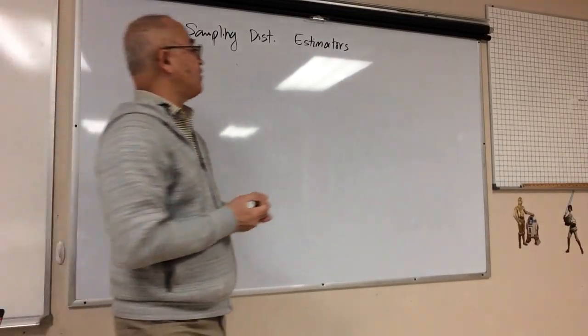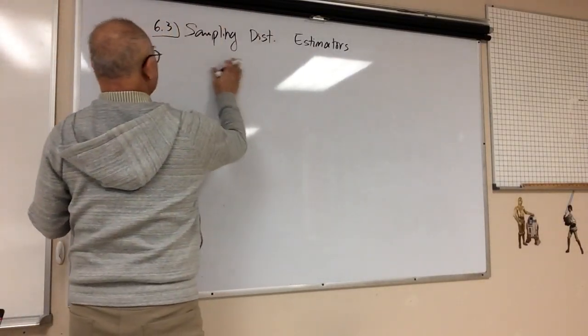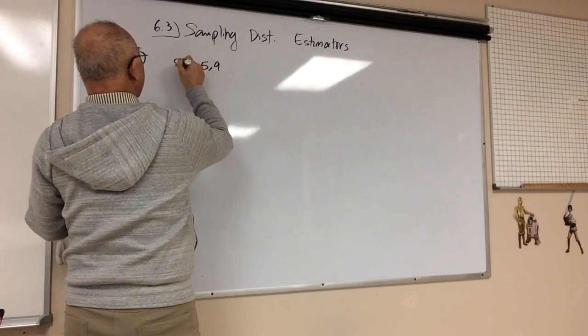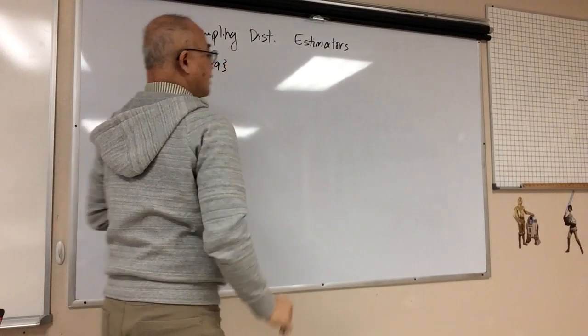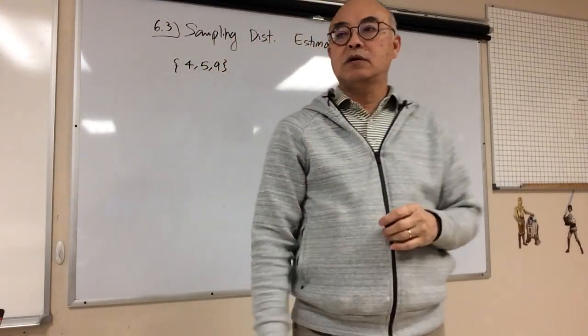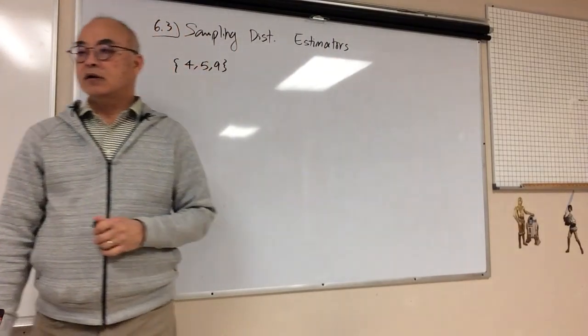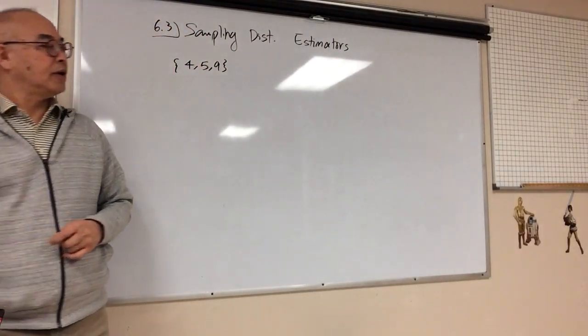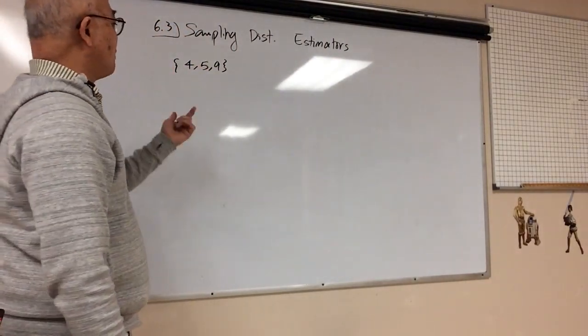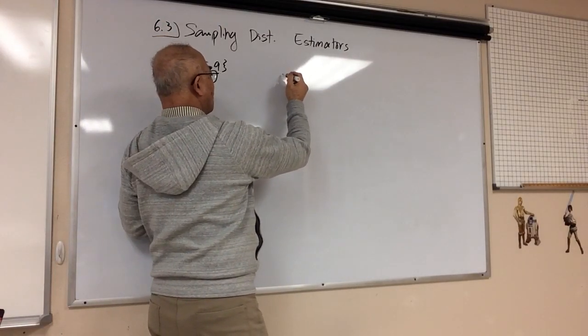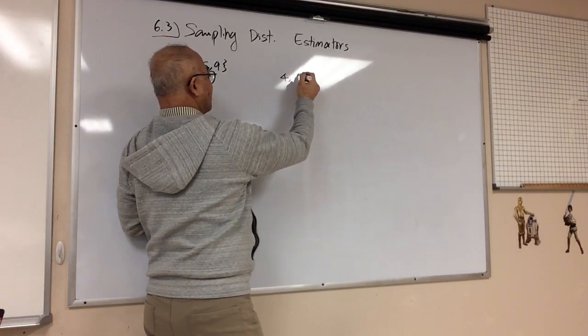So we have 4, 5, and 9. This is my population. I have 4, 5, and 9, right? And I am taking a sample of how many? Two, right? Okay. So what are the possibilities? The first one, I can get a 4, and the second one, 4.